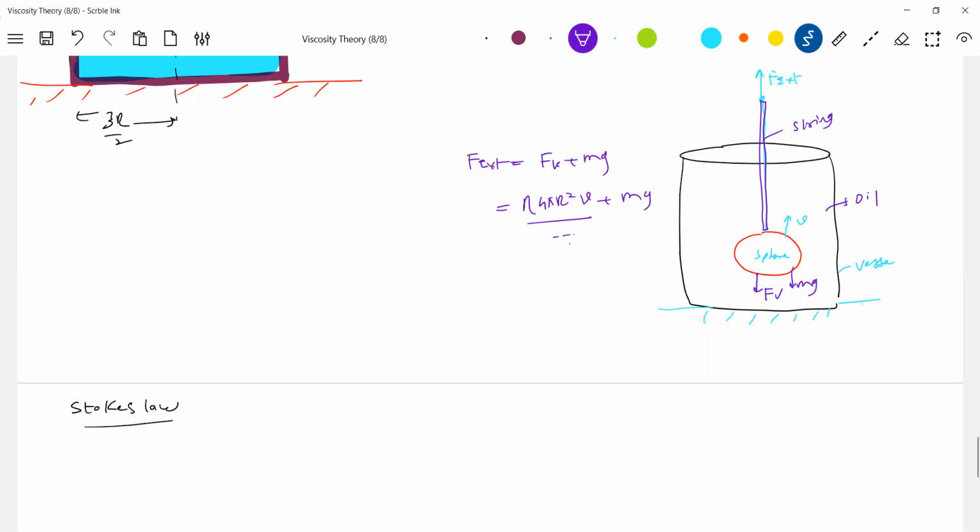What shall I write? You look, this layer will be at a certain distance. What about this layer? The different layers here will be at different distances. For that, you should assume a ring here. This particular elemental ring will be at some distance. So the different points of a sphere are at different distances from the wall of the vessel.